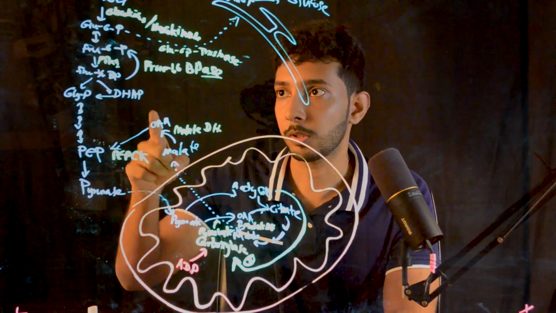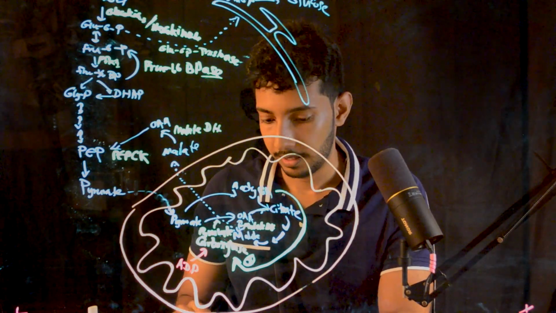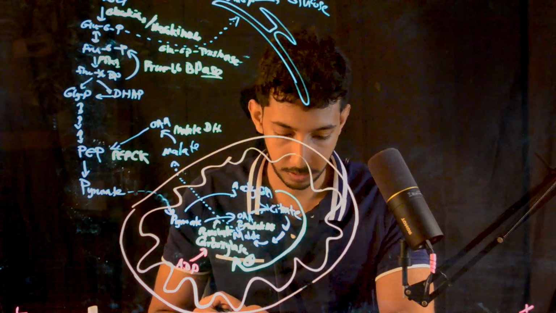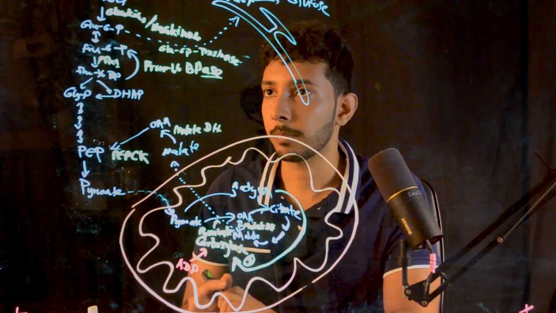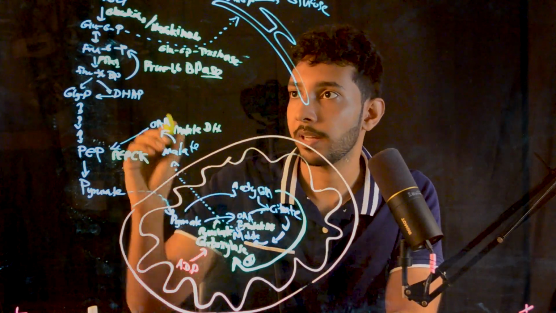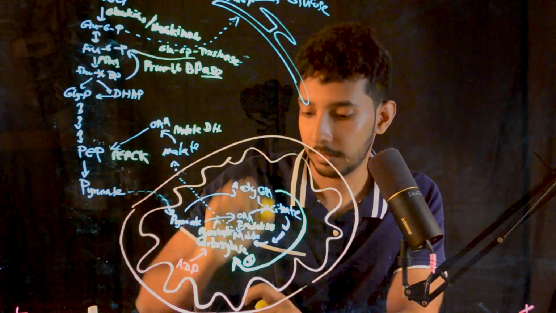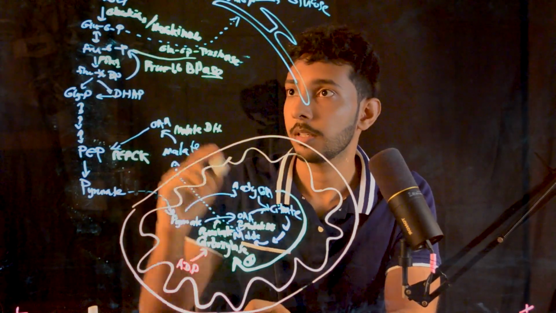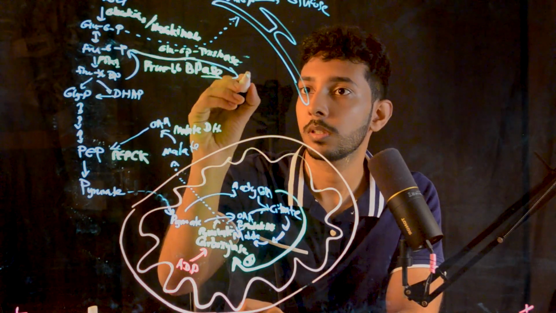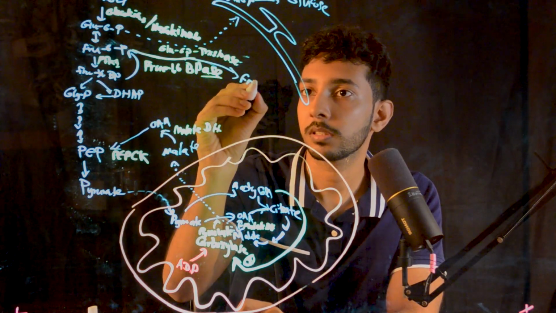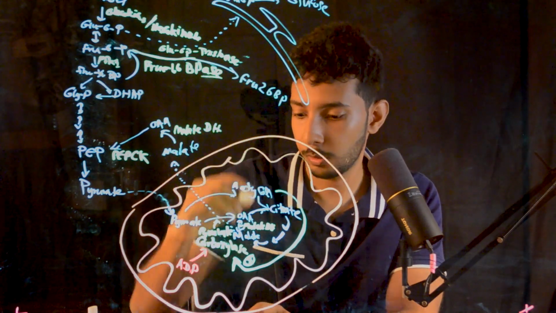But when you go to the last step, fructose 1,6-bisphosphatase, here you have a couple of negative regulators. If you remember, I'm not sure if I have space to draw this. Fructose 6-phosphate could be converted to fructose 2,6-bisphosphate by PFK2.